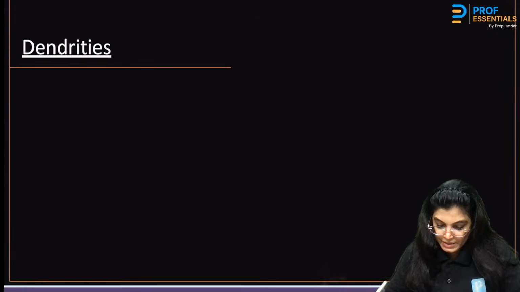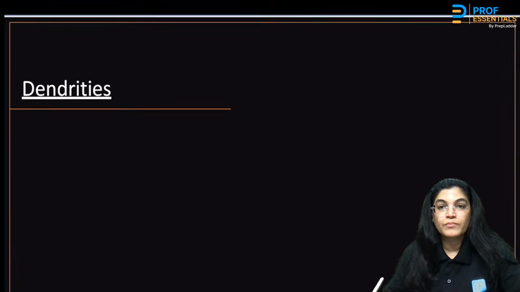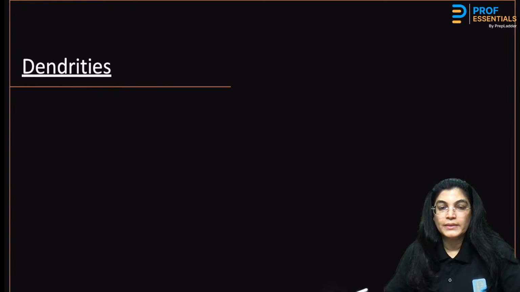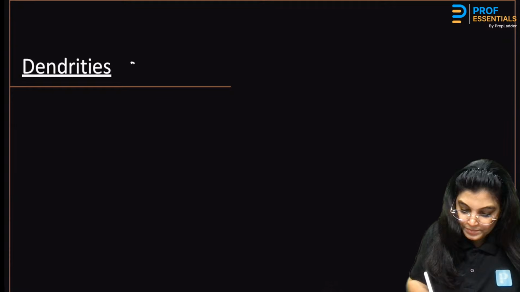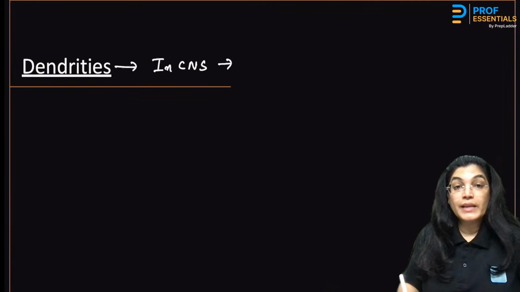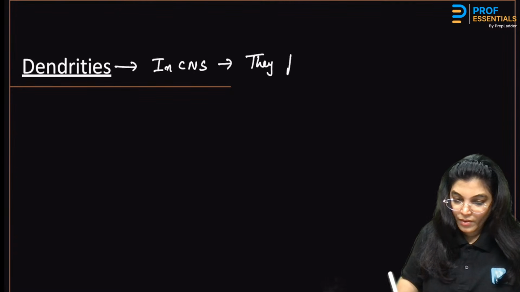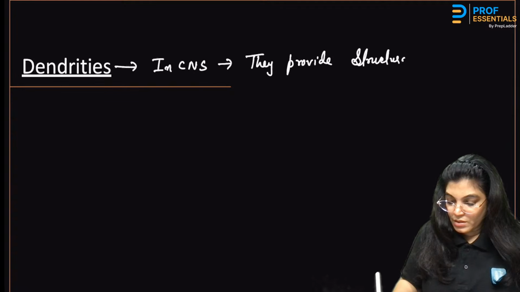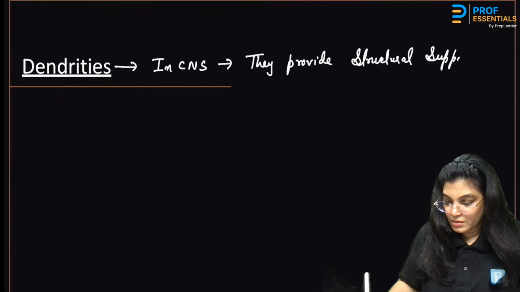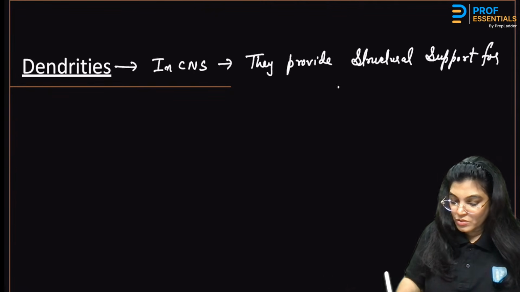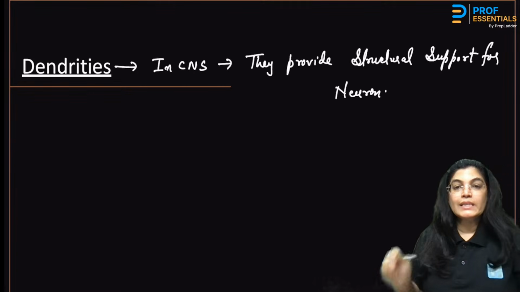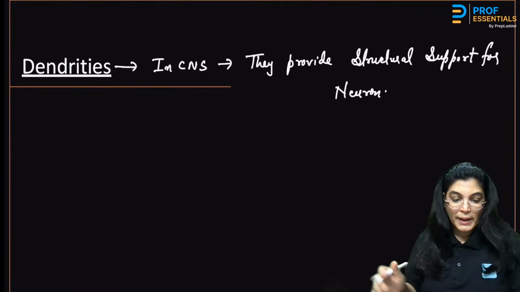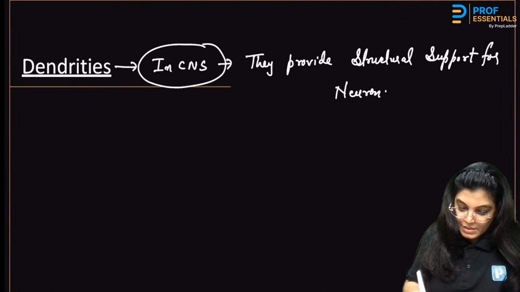So let's write it. Then I will show you one more diagram. Let's write a few more important points of the dendrites. Dendrites in the central nervous system provide structural support for neurons. So an important function is giving support to the neuron. Now, this is in the central nervous system.